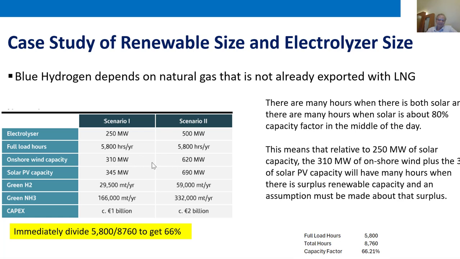And then they take this 310 and so we're going to build wind capacity and solar capacity. And when we do that, we're going to get, where's the number of hours? We're going to get this many hours per year. So you take this hours, 8760, everybody should know is 365 times 24. It doesn't include the leap year, and we get a 66% capacity factor.